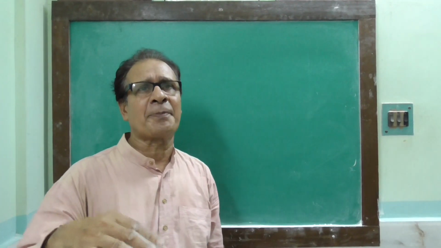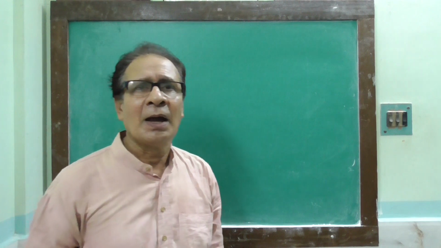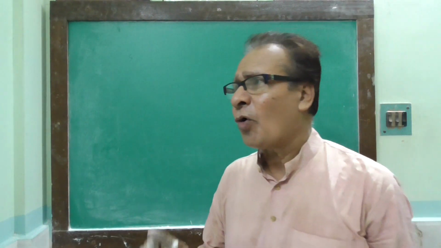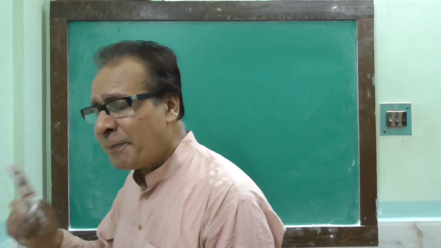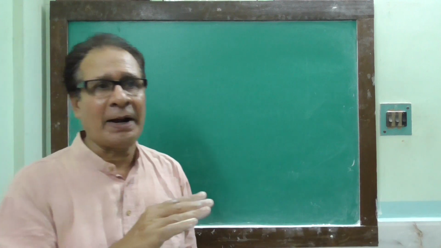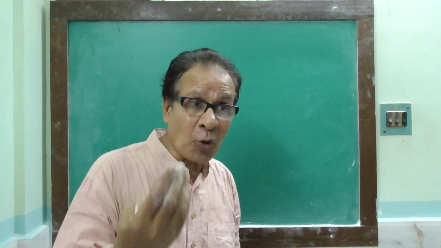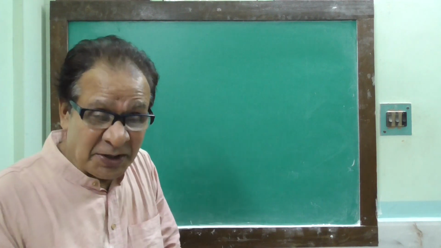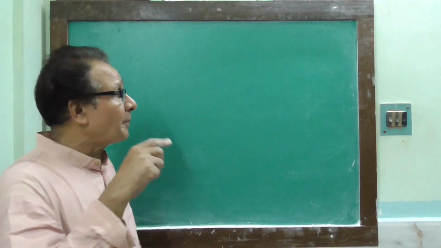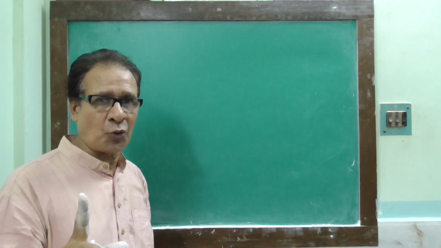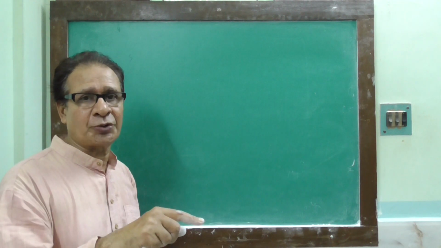Number two, each trait is controlled by a pair of factors. Number three, each gamete obtains one factor from the pair. And number four, during fertilization, the paired condition is restored in the zygote.